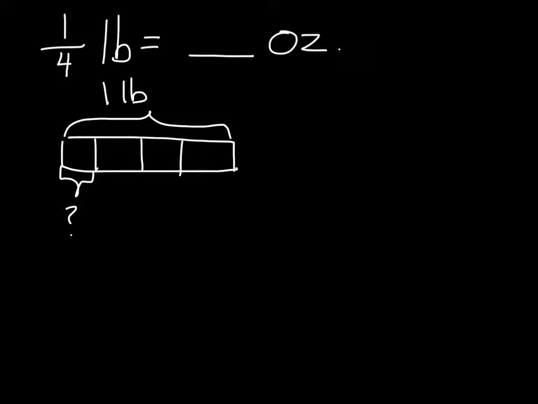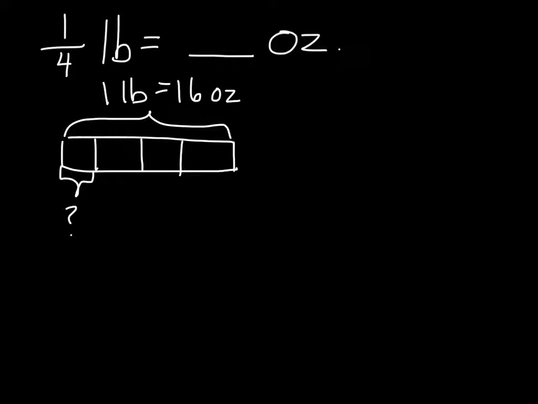Now, the key to what we're doing tonight is renaming the unit. So 1 pound needs to be renamed as 16 ounces because 1 whole pound is equal to 16 ounces.